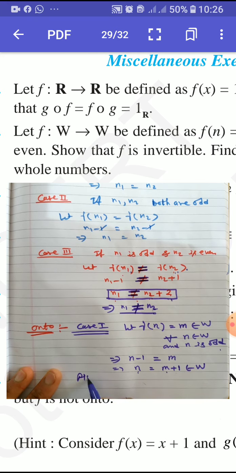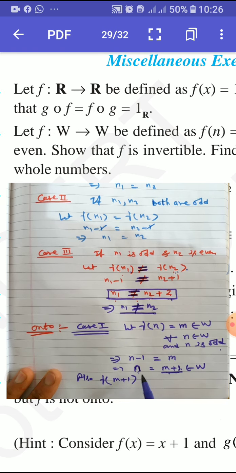And also if you put here f of m plus 1, for every value of the codomain, every value of domain which depends on the every value of the codomain.